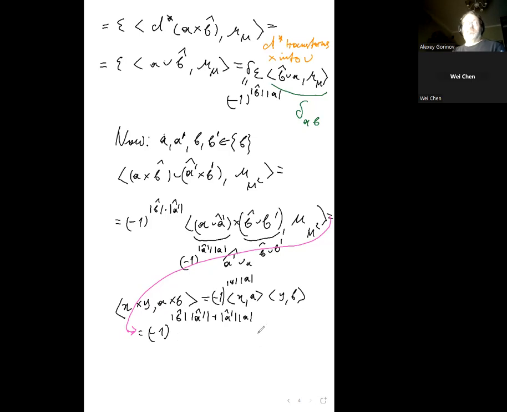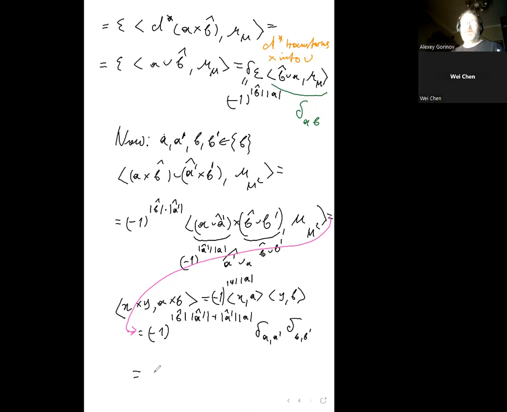times delta A prime, delta B prime, and there is an extra sign, which is -1 to, okay, I'm lost.